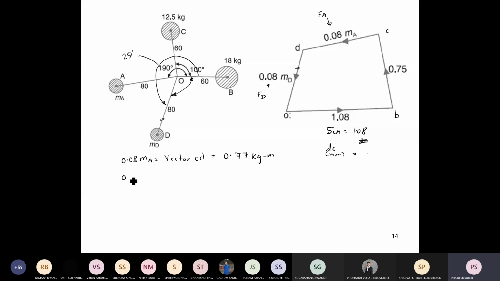Similarly, measure 0.08 MD, that is vector DO, and I have got it as 0.65. That is 0.08 MD, correct. That is equal to DO, that is 0.065 kg meter. And find out the values of MA and MD.